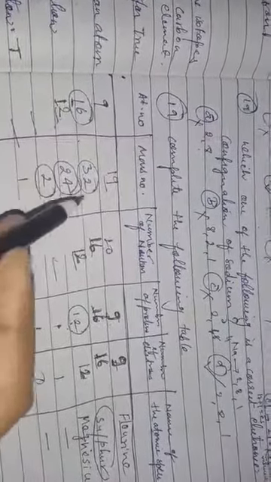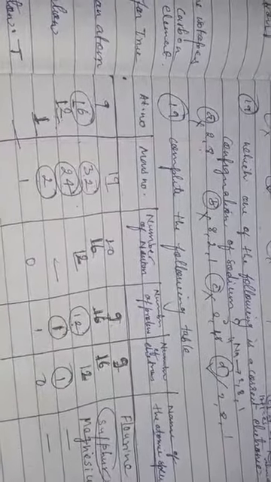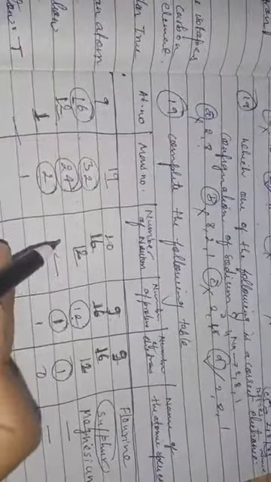Now we'll see the next one. The mass number is given, the number of protons is also given, and the number of electrons is also given. 2 is the mass number. The number of protons is given as 1, which means the atomic number will be 1 only. Now from the mass number and the number of protons, we can predict the number of neutrons.